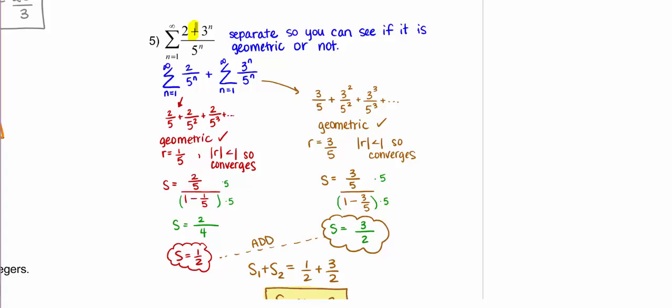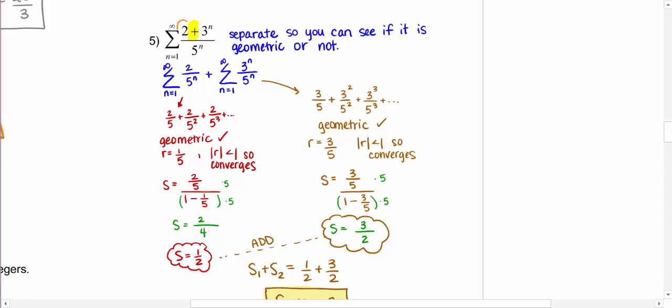So we can't be adding something on because then it's not going to be geometric anymore. So that should signify something to you now that, okay, wait a minute, I want to look at this as two separate series and I want to add them together. If either one of these series diverges, I can't find a sum. So I'm going to try to find a sum of each series separately.